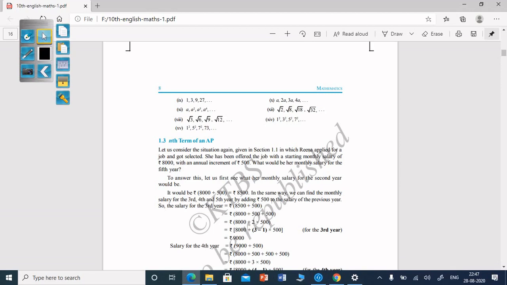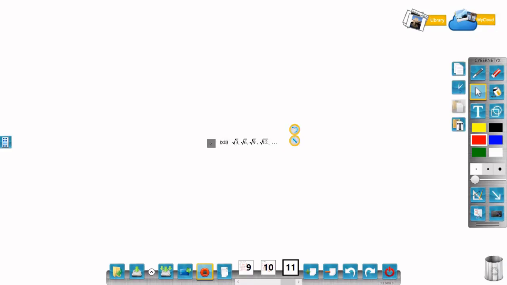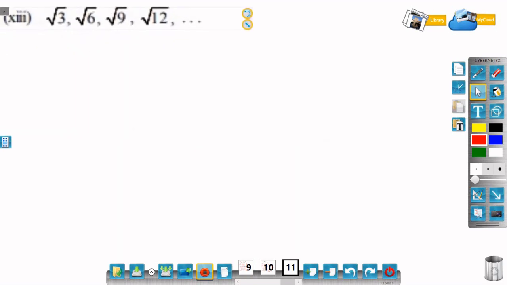Let us see 13th one. Root 3, root 6, root 9, root 12. A1 is root 3, A2 is root 6, A3 is root 9, A4 is root 12.